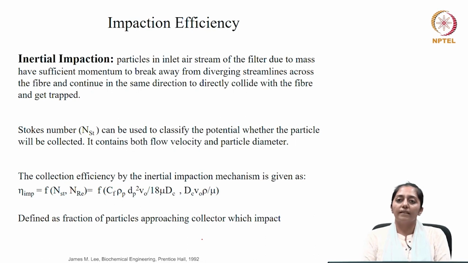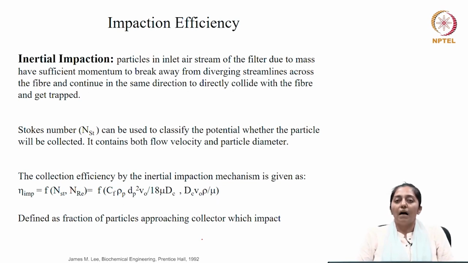So, if we need to characterize the efficiency of the air filtration process, we must first see how the three processes impact the removal of the organisms. So, inertial impaction: the particles in the inlet air stream of the filter can get impacted due to sufficient mass.